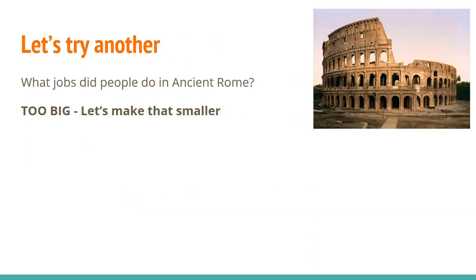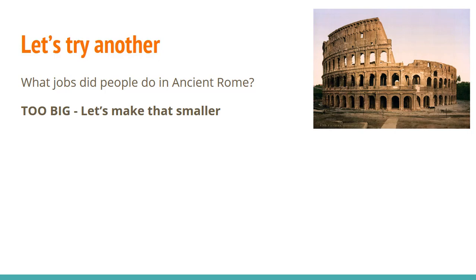Let's try another one. This question, what jobs did people do in ancient Rome? That seems good. There's not one right answer to that. It's not a yes or no question, but that's a really, really big question. You could probably write 2 or 3 books on all the jobs people did in ancient Rome. It's like saying, what kind of jobs do people do in the United States of America?